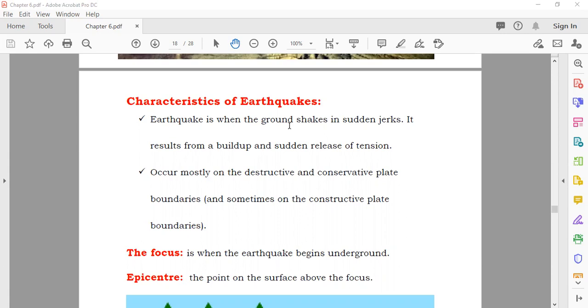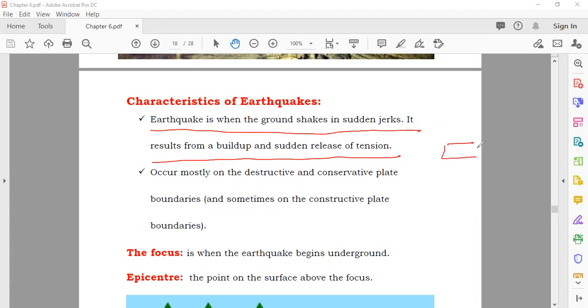So then an earthquake comes. Here they're saying that an earthquake is when the ground shakes in sudden jerks. It results from a building up and sudden release of tension. Because under the plates, if there is a high amount of heat and pressure, then the magma comes out, then an earthquake comes. It occurs mostly at destructive and conservative plate boundaries.